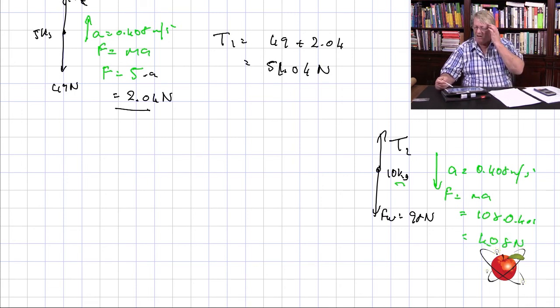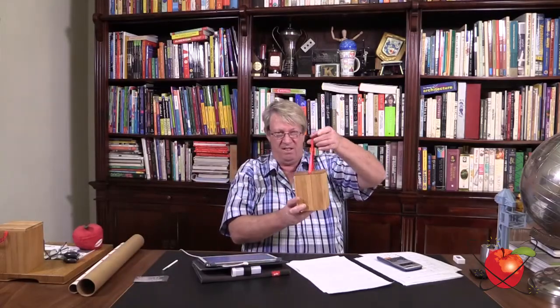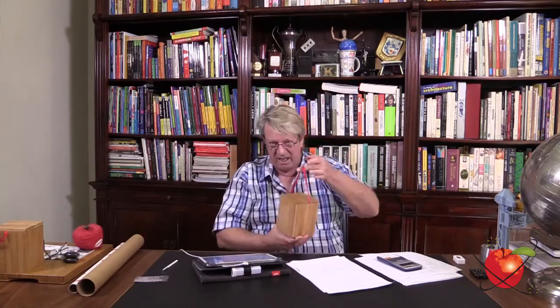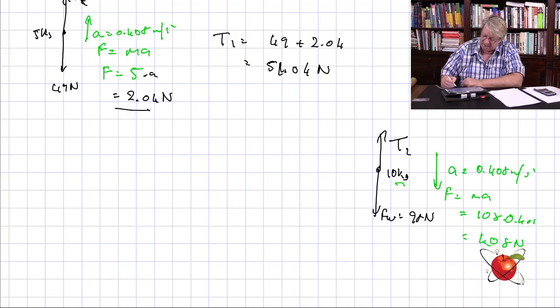Now, down is more than up, which means that the weight is bigger than the tension because it's pulling me down. If the weight is bigger than the tension, by how much? By 4.08. Therefore, T2 must be 98 minus 4.08, because it must be less by that much.